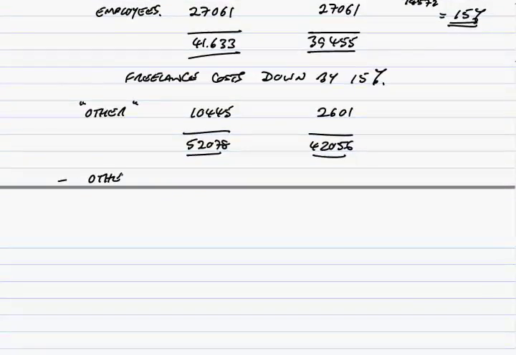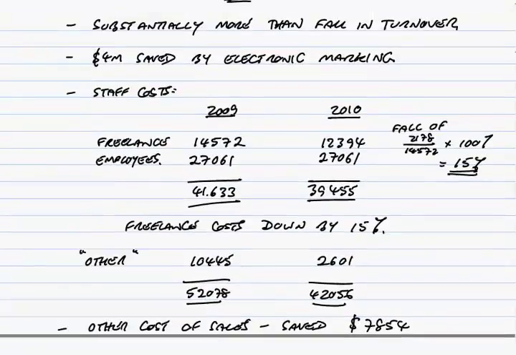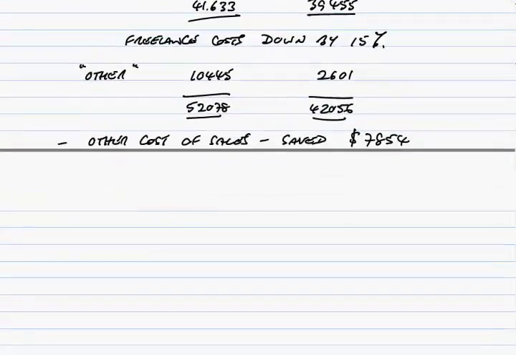Other cost of sales costs. We've saved, what's the difference? $7,854. We know some of it. I think I wrote at the beginning, I certainly said, yes, 4 million by electronic marking. So 4 million from marking.